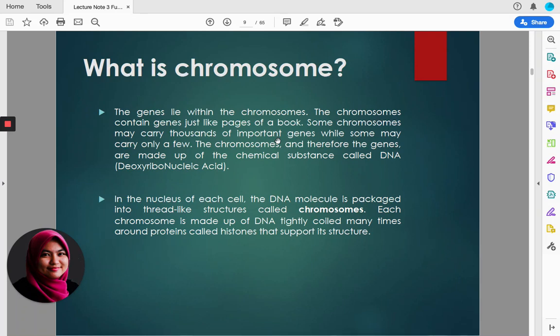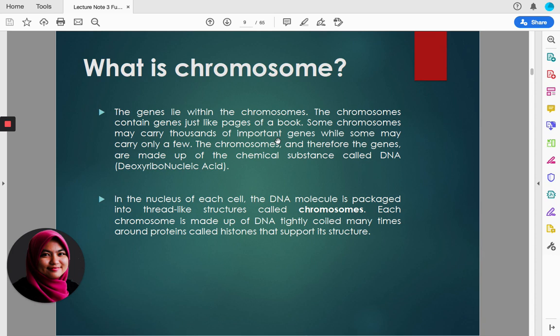Moving forward, now that you know about genes, we have to dig deeper into what a chromosome is. Genes lie within the chromosome. The chromosome contains genes just like the pages of a book. Some chromosomes may carry thousands of important genes, while some may carry only a few.